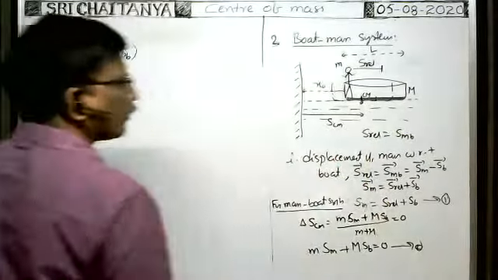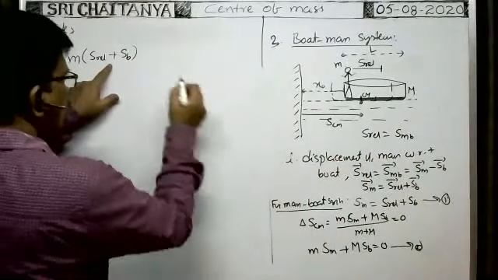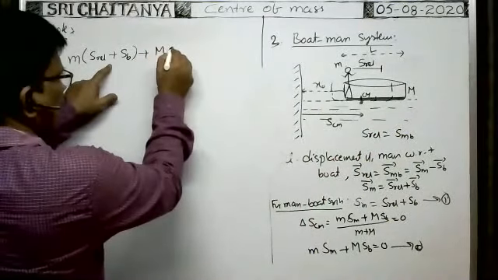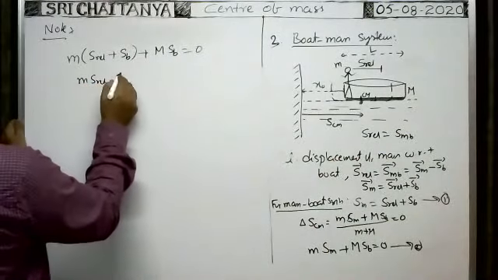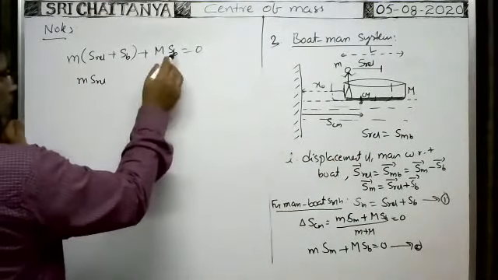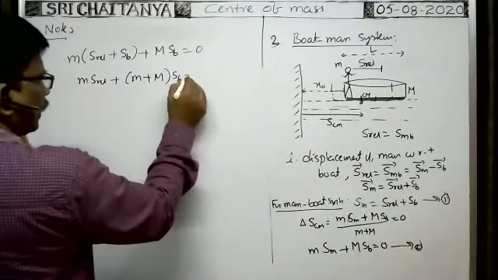So instead of SM, I have written this. m S relative plus m into SB plus capital M into SB is equal to 0. You take SB common, then (m plus M) into SB is equal to 0.